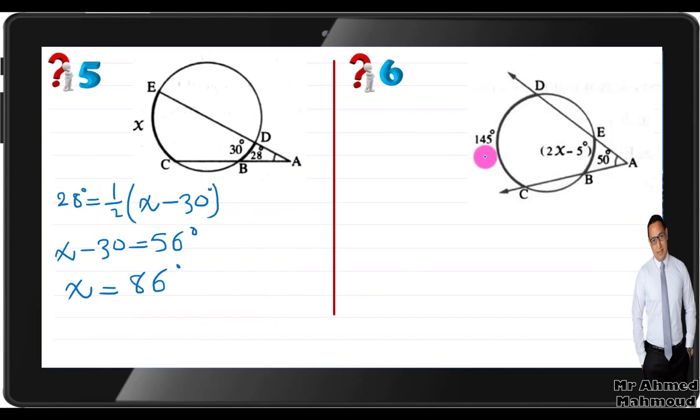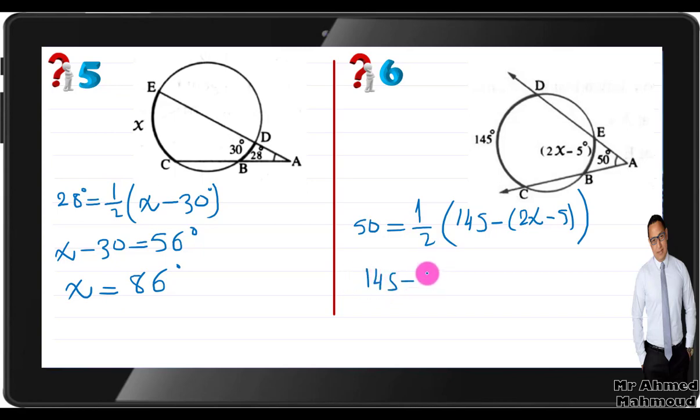Now also in the same way, angle 50 equals half, open brackets, 145 minus 2x minus 5. I'm going to send the half divided, so 145 minus 2x minus 5 equals 50 divided by half equals 100.